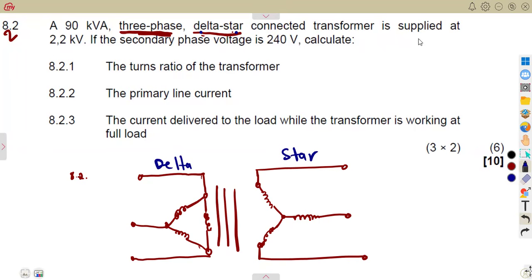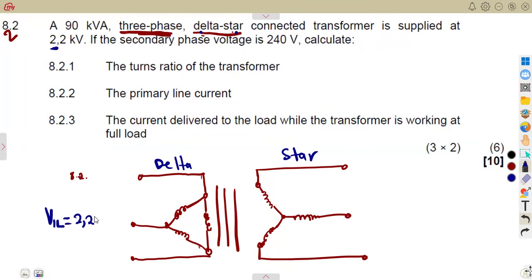The transformer is supplied at, which is the input that you are given. So this is the primary side, but as the supply, remember, it's a three-phase. So this is the supply that we are given, which is the line voltage of the primary side. So you're going to have V1L, which is the line voltage of the primary side.